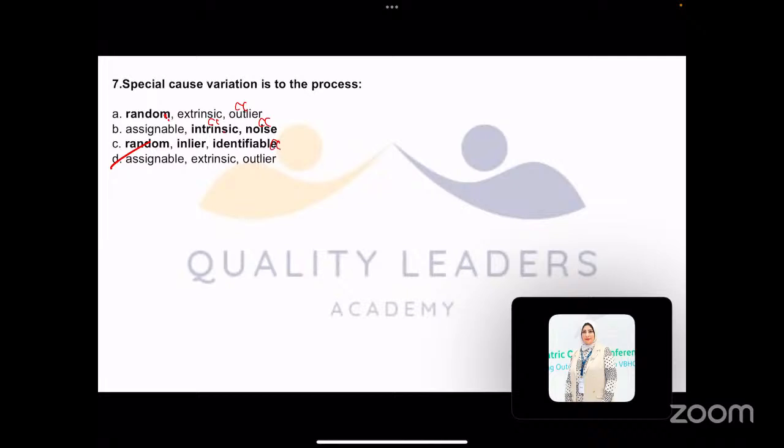So these are all names for common causes. That is why in the slides I provided the definitions for special causes and common causes, so that we do not get questions like this wrong. Is there any question regarding number 7?